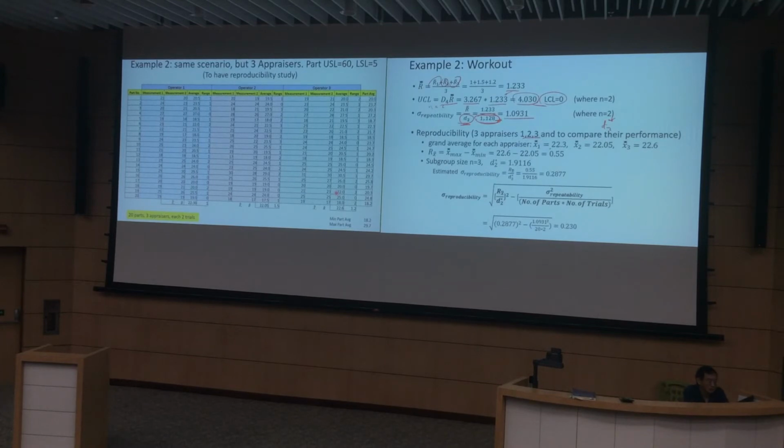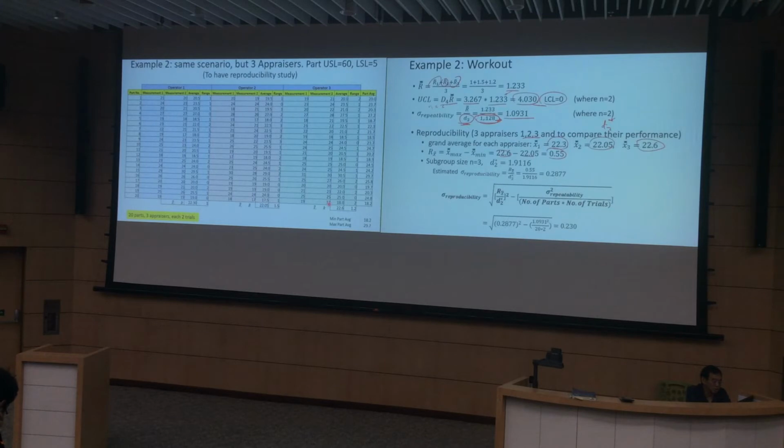There are 3 values. These are the 3 values we have: this guy, this one, and this one here. So you can get the max and min, 22.6 minus this guy here, get this one.